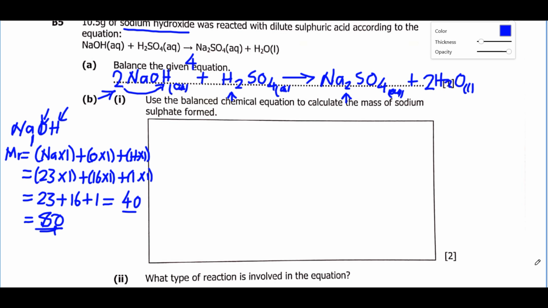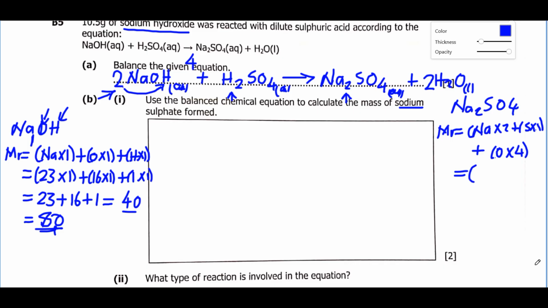Then number 2, we are going to find the mixture for sodium sulfate. So you say Na2SO4. The mixture is equal to sodium times 2, plus sulfur times 1, plus oxygen times 4.